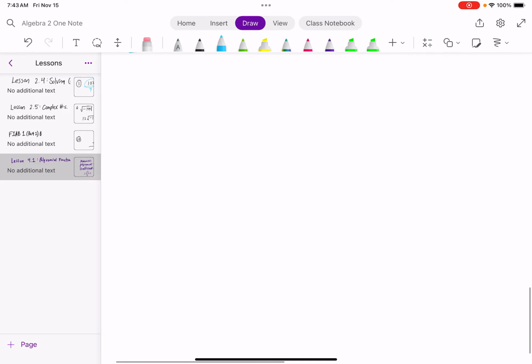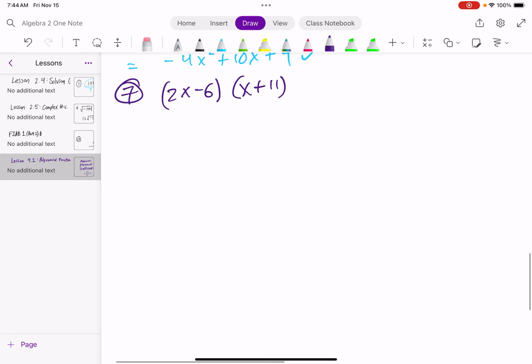For number 7, we have expand. So we have a 2x minus 6 and a x plus 11. And we need to distribute this guy because it's multiplication.